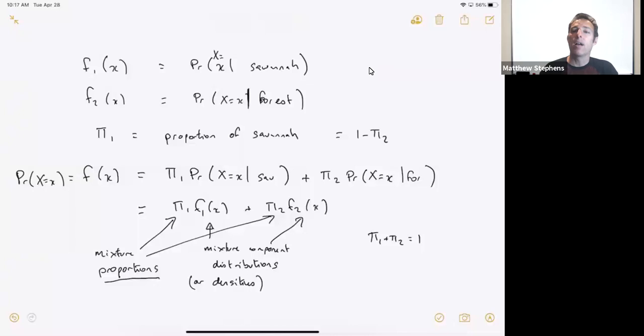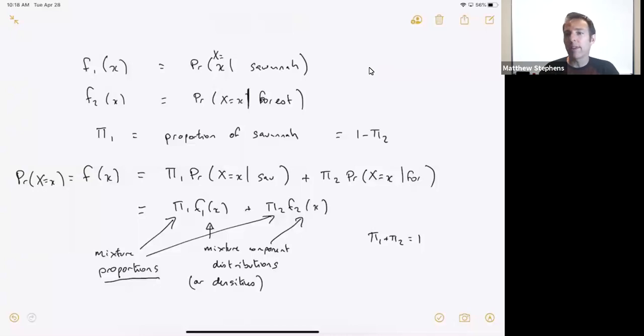Then the overall height in the population would be a mixture of those two. F1 might be the normal density for the males, F2 the normal density for the females, and pi1 and pi2 would represent the proportion of males versus females in the population.